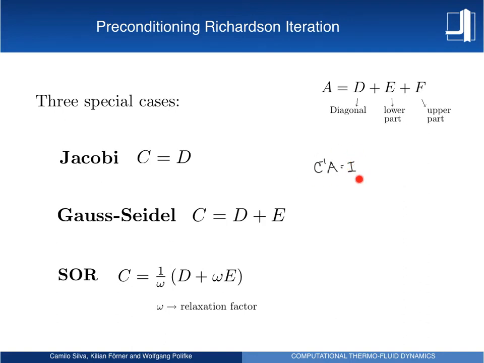The conditioning number of the identity matrix is 1, which is the lowest it can be, which is great. But for that, C has to be actually what? A.